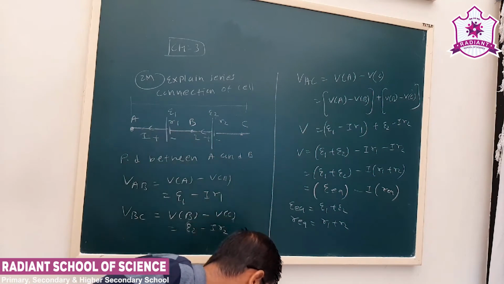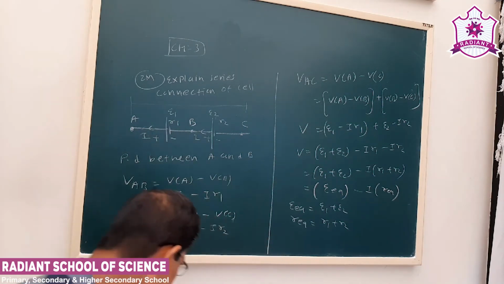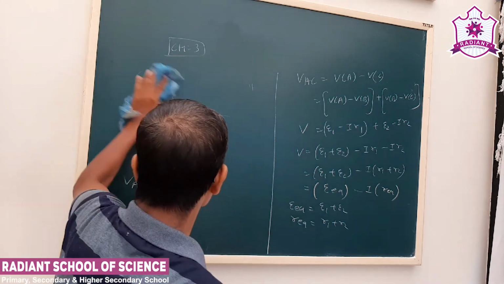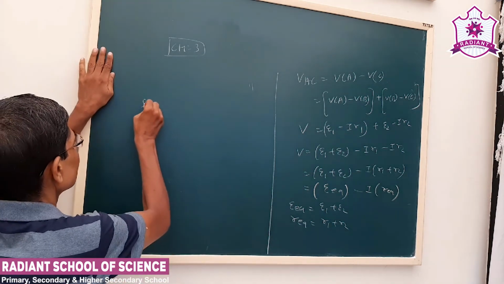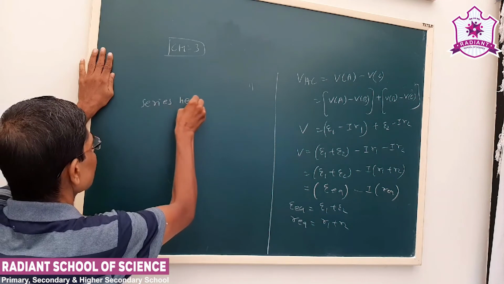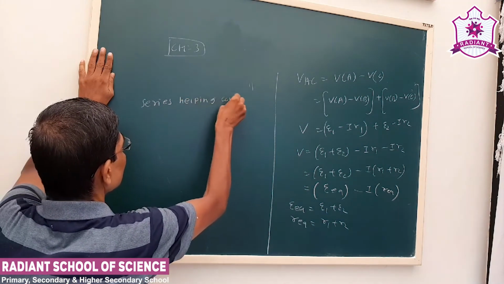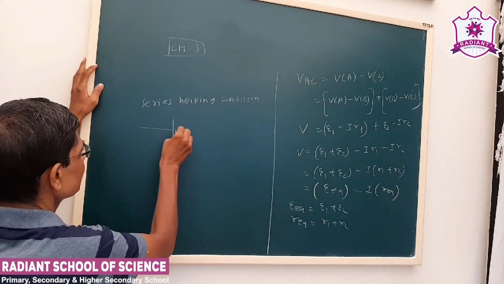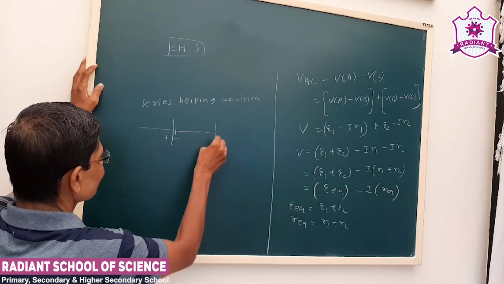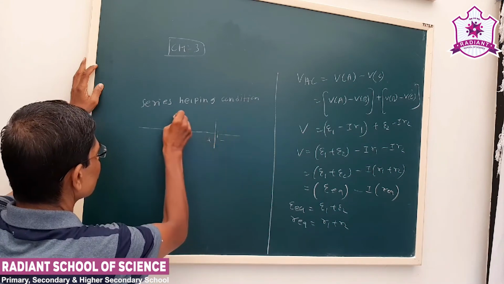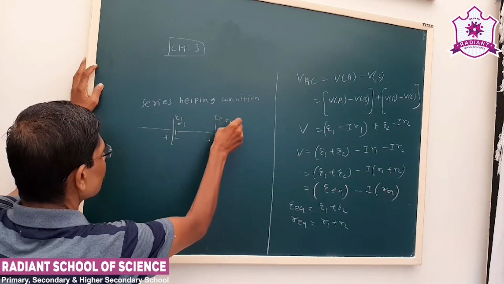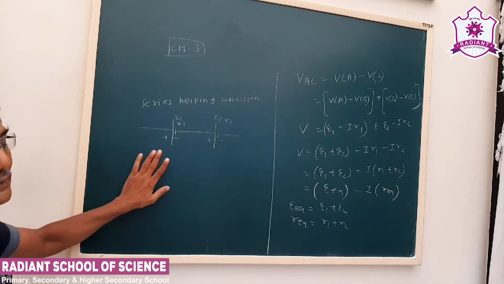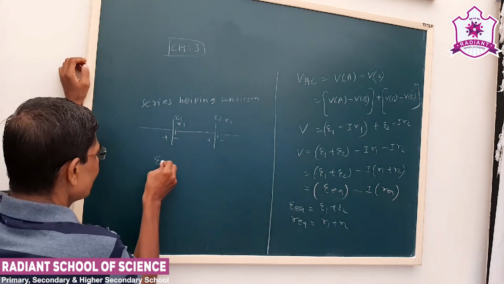Now, one important thing we have to keep in mind here is that in series connection of the cells there are two conditions. Now, see the plus and minus of the batteries. This condition is called the series helping condition.